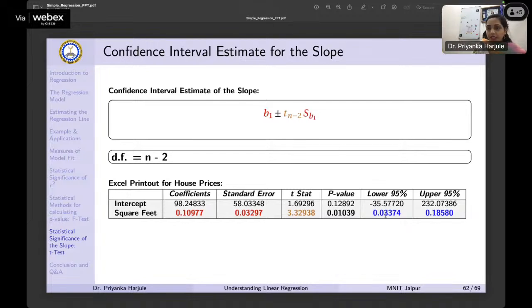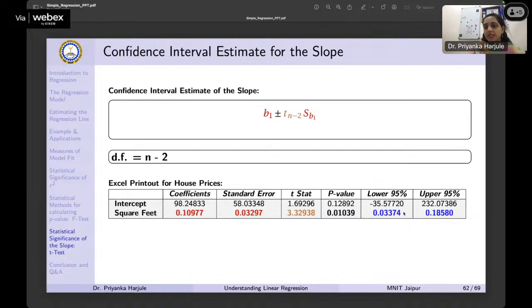So this is the confidence interval for intercept. The lowest value that the intercept can take is minus 35.5, and the highest value with 95% confidence interval is 232.07, okay. And for the square feet, whatever we have predicted, a value of 0.11.